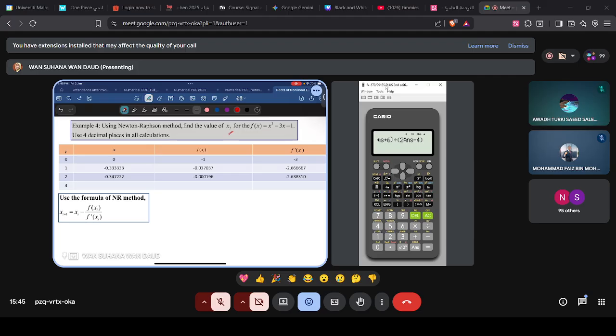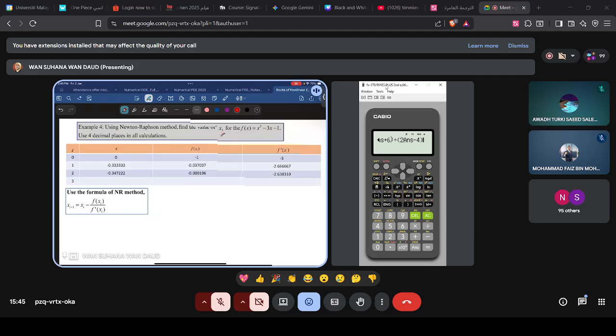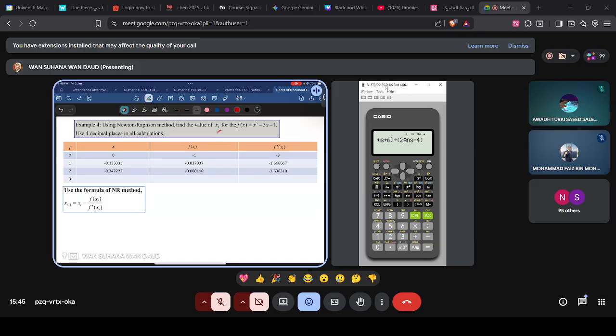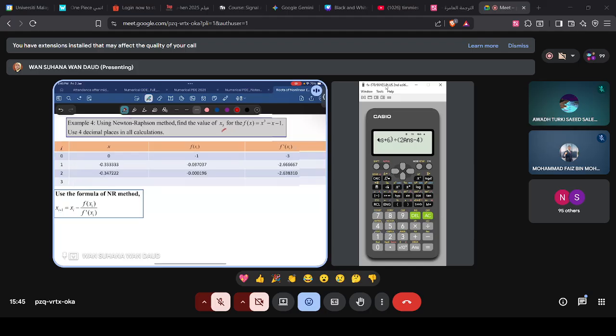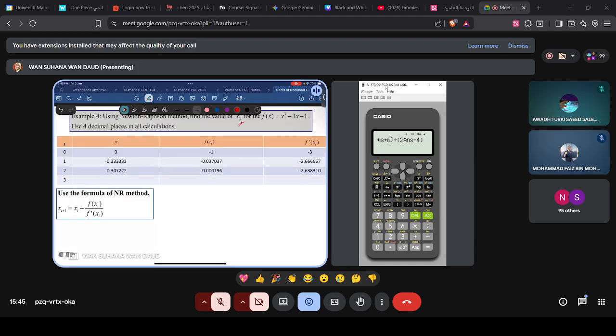In this question, the question provides you the values in this table: the initial value, the f(x), the f prime x, and the x1, which is negative 0.3333. Sorry, I forgot to reduce it to 4 decimal places, but no worry, as long as it is more than 4, it's okay. So f(x) is given, f prime x is given.